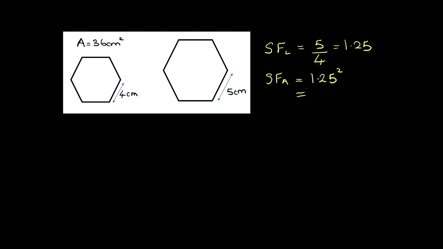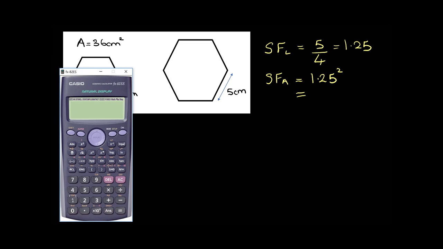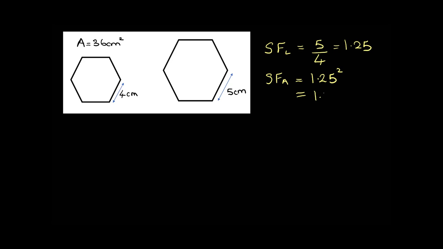So let's bring in the calculator to work that out. 1.25 squared is 1.5625. So in order to work out the area of the larger one, we're going to take the area of the smaller one and multiply that by our scale factor for the area, and that will give us the area of the larger one.